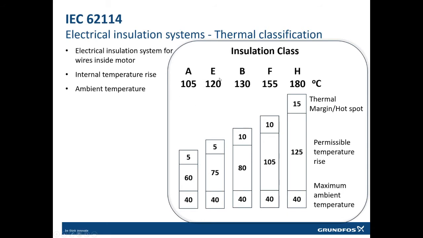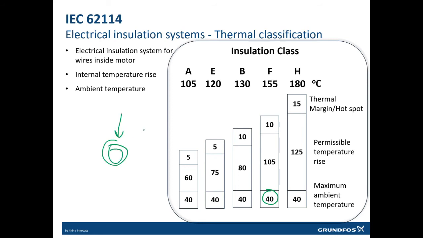If I'm using insulation class E, it shall not increase 120. If I am using insulation class B, it shall not increase 130, for F 155, for H 180. In pumps, the majority of the time we are using insulation class F, which means that we are allowed to have an ambient temperature of 40. For example, this is my motor and this is my stator.